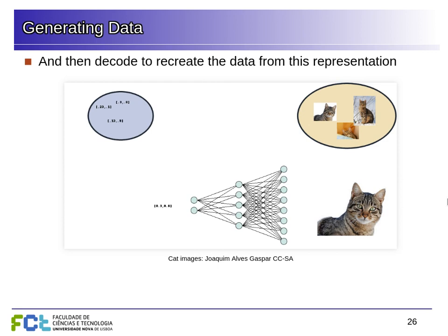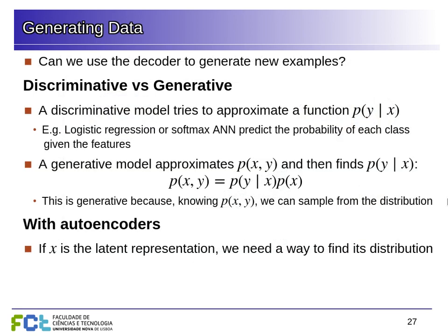So basically we have two types of models in general. With a discriminative model, for classification or regression, what we're trying to do is predict the probability of some class or some target value, given the features that we receive.